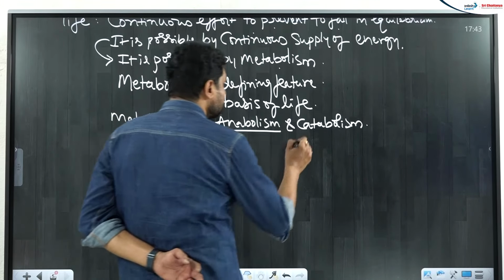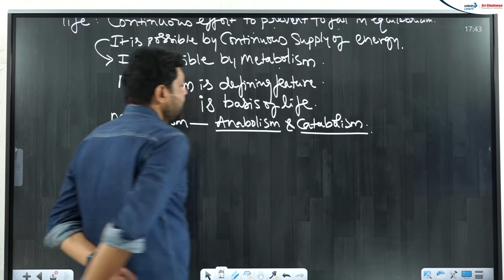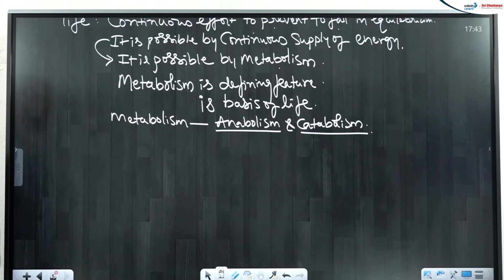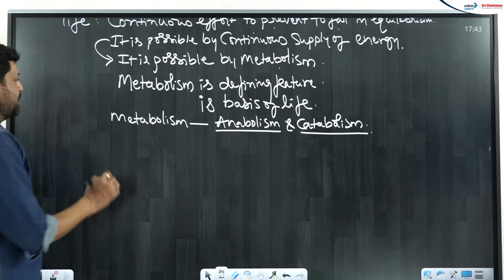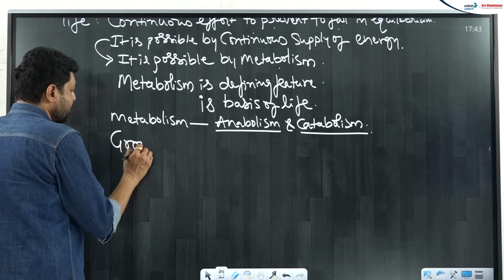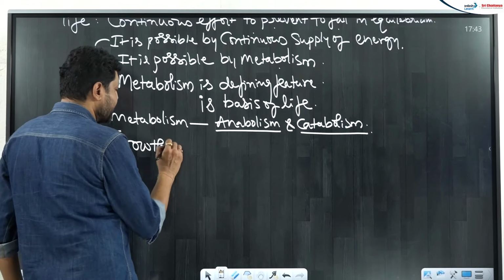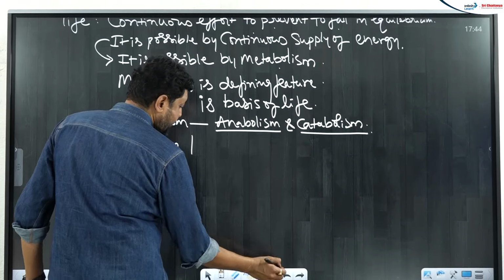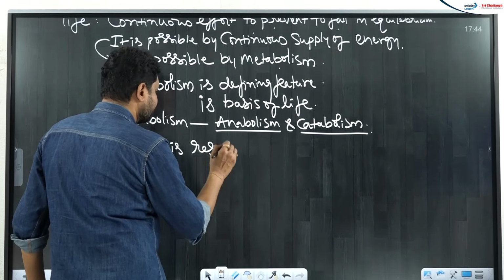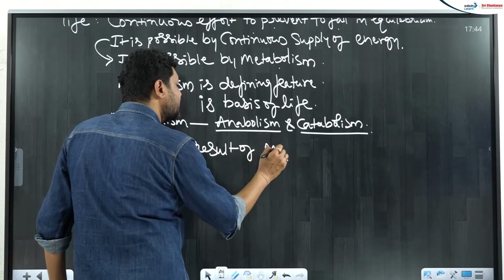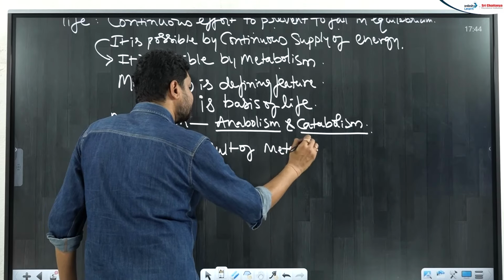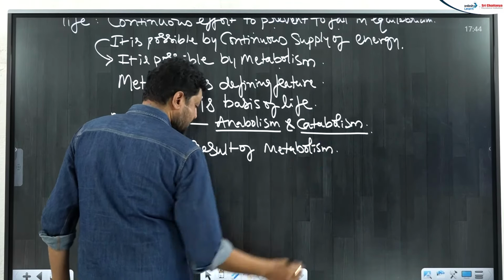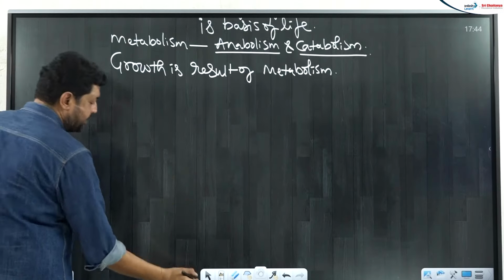Digestion, excretion, release of energy is catabolism. Both anabolism and catabolism help in growth. So growth, as in previous aims questions, is the result of metabolism. Growth is the result of metabolism.